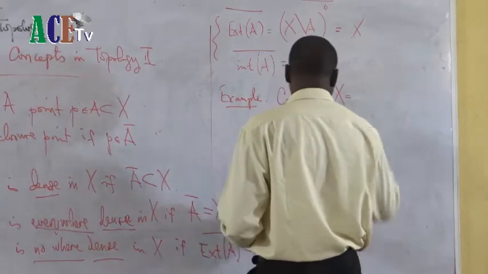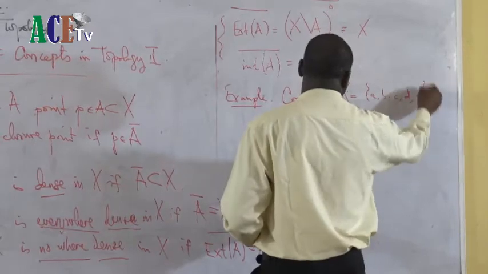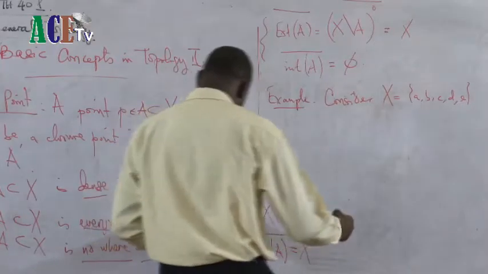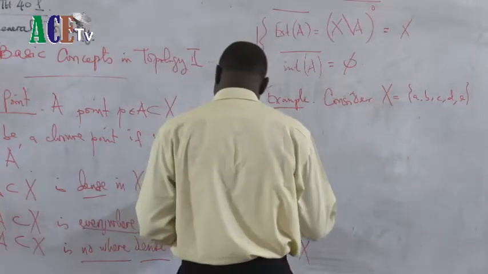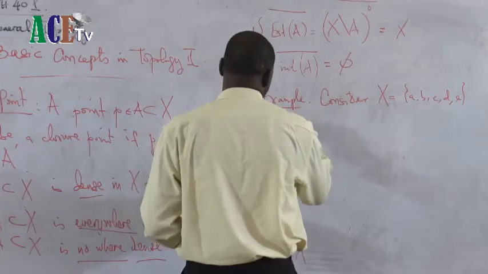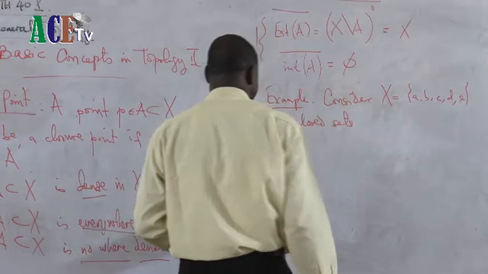Consider X to be equal to {A, B, C, D, E}. Okay? With closed sets.